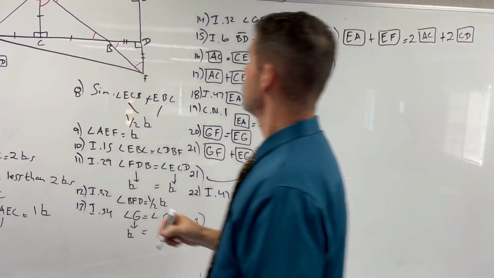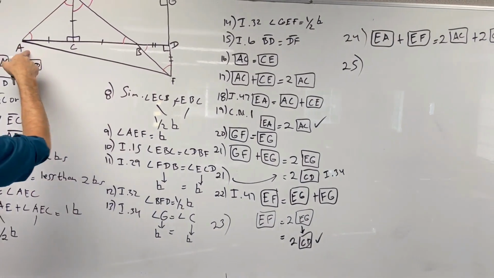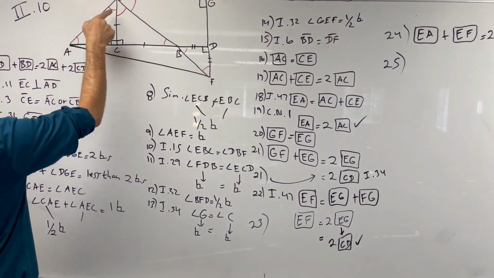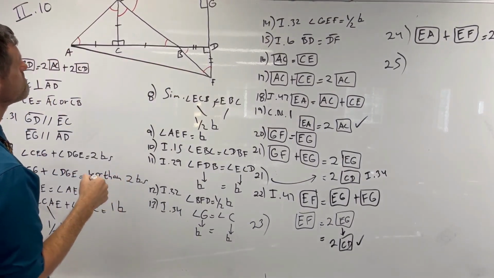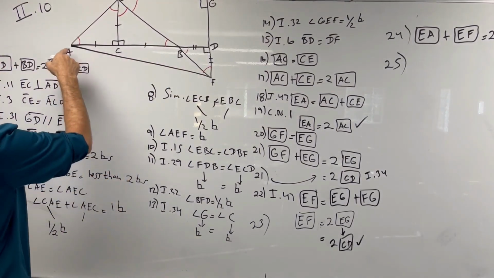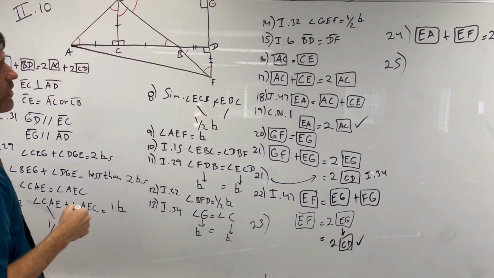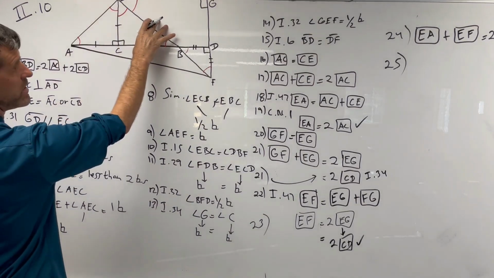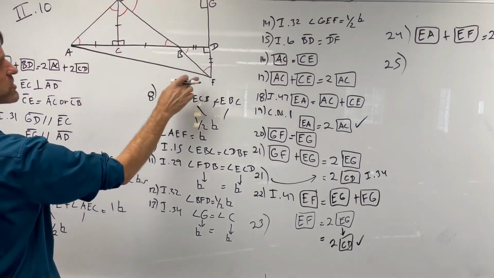Now, we said that the angle AEF, right here in step 9, was equal to a right angle. So that would make the triangle AEF a right triangle, which means that the square on EA and the square on EF are going to equal the square on AF.